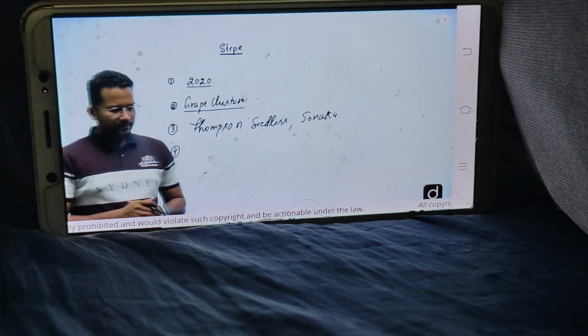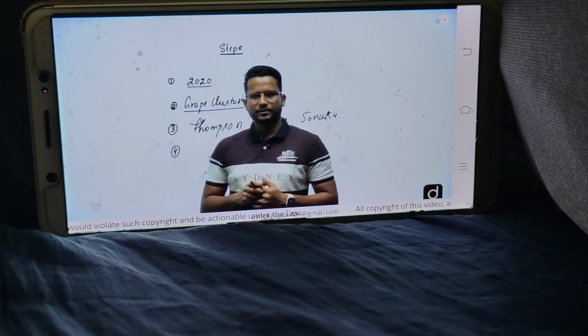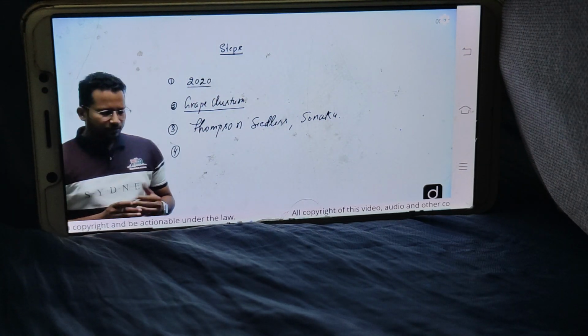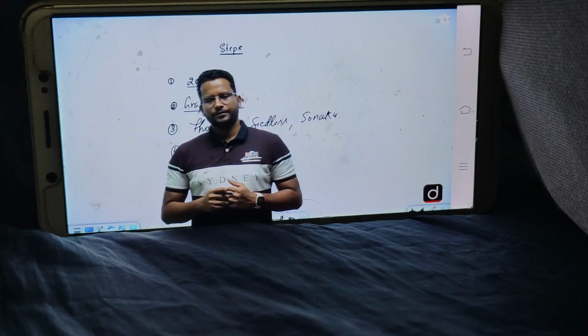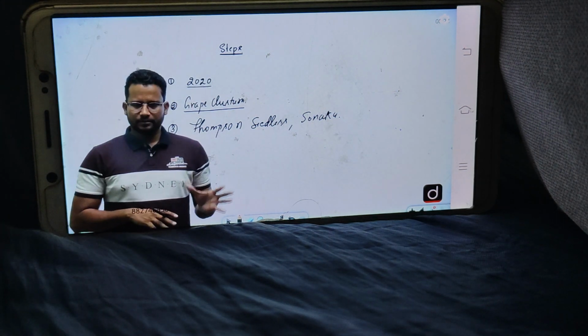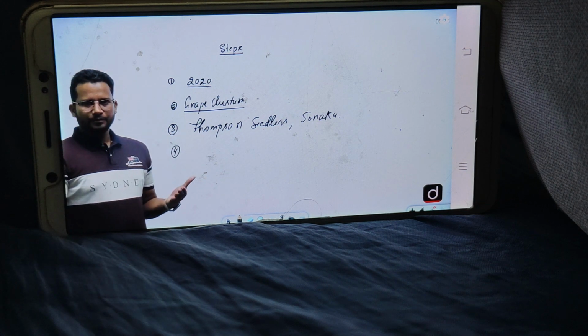Apart from that, for setting up of grape processing units, and for the purchase of machinery and equipments. So for all these things, government is providing financial support. So it is another important step.